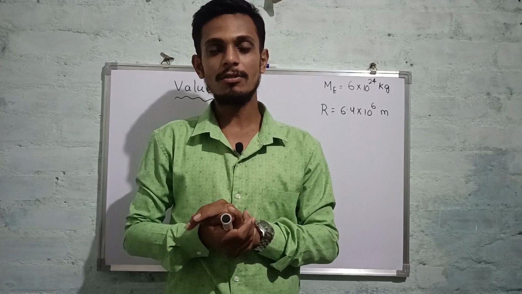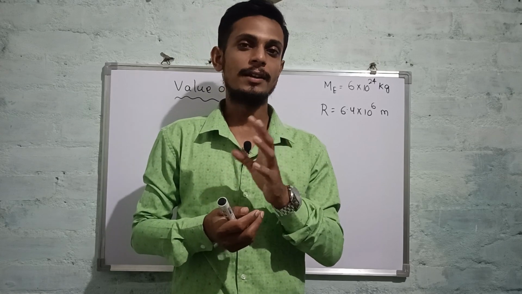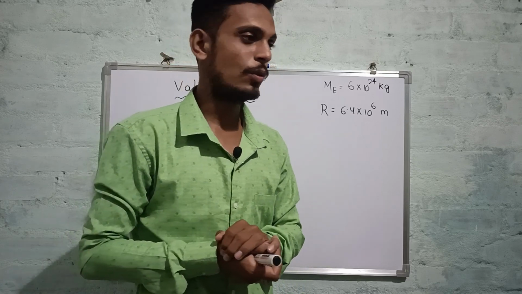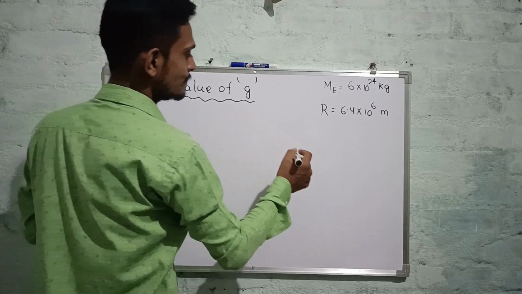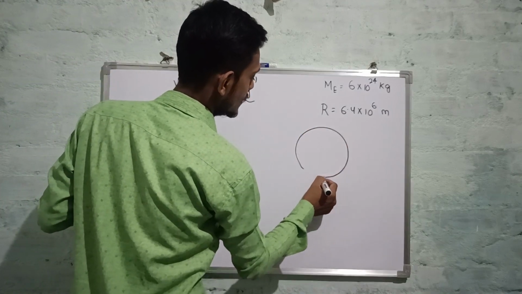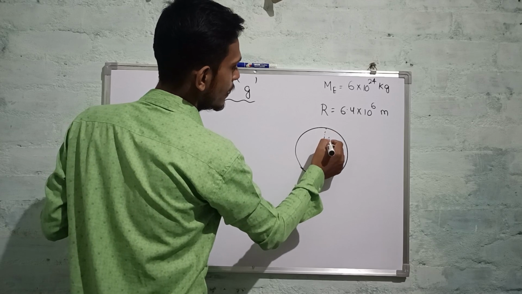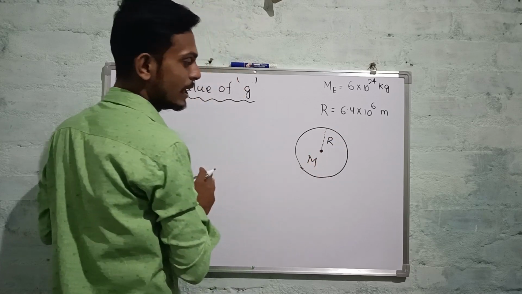So let us find out the value of g, that is the acceleration due to gravity, how it becomes 9.8 meter per second square. This is earth. r is the radius of the earth, m is the mass of the earth.